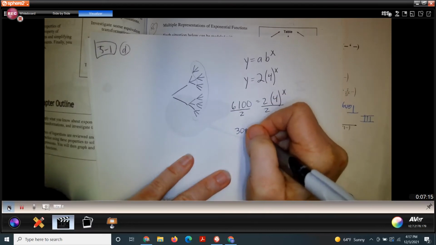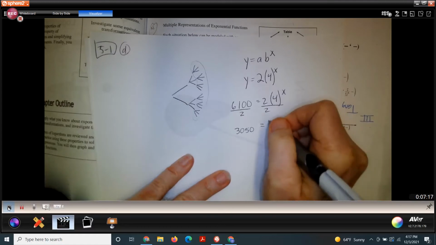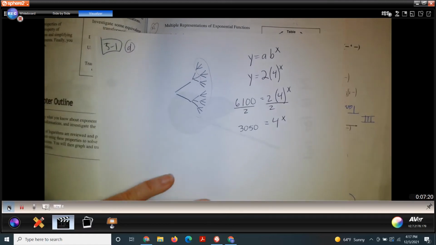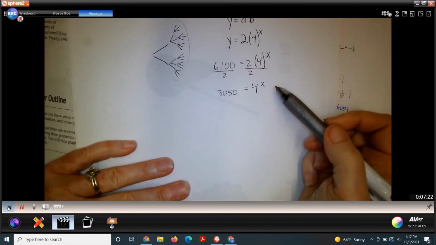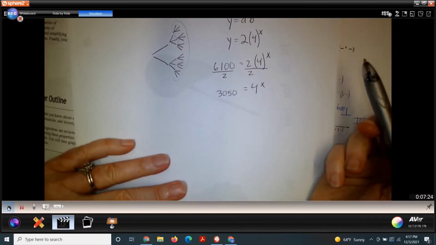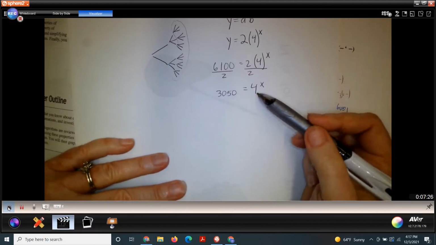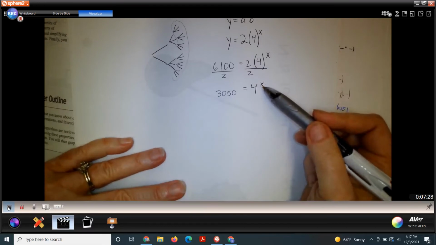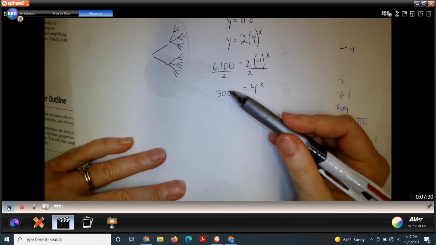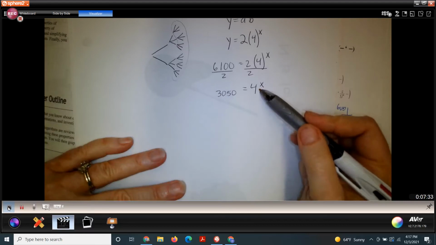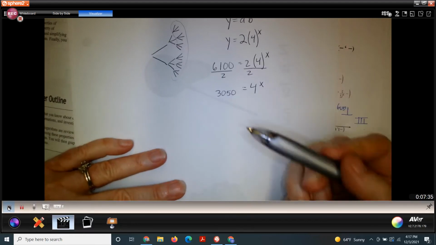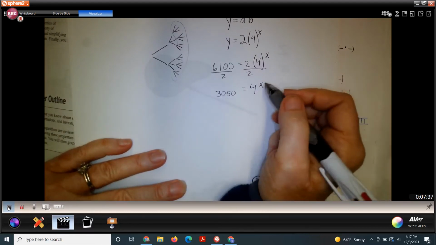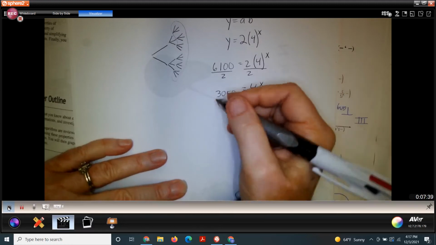So 3,050 is 4 to the x. Now you may or may not remember how to solve an equation when x is up there in the exponent. But you might remember from integrated 3, you need to log both sides of the equation in order to get that x down out of the sky, out of the exponent.